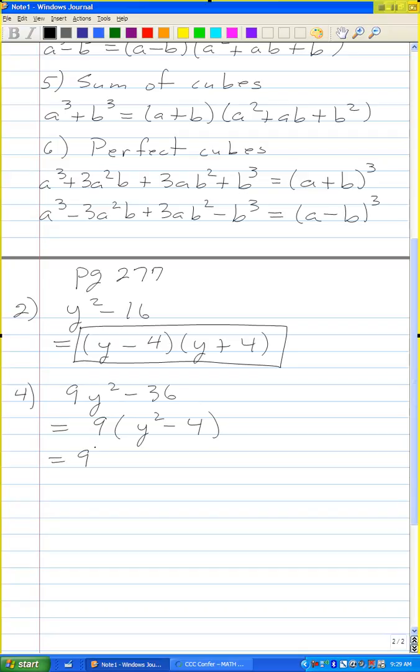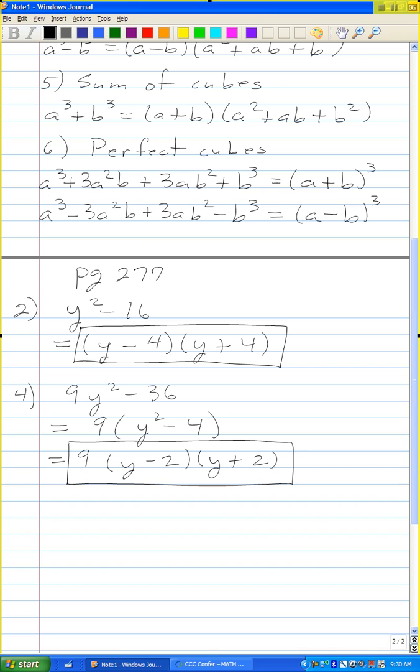I can now write y squared minus 4 as the difference of squares, the product of the sum and difference of two terms. The square root of y squared is y. The square root of 4 is 2. And so you just multiply by the sum and difference of two terms.